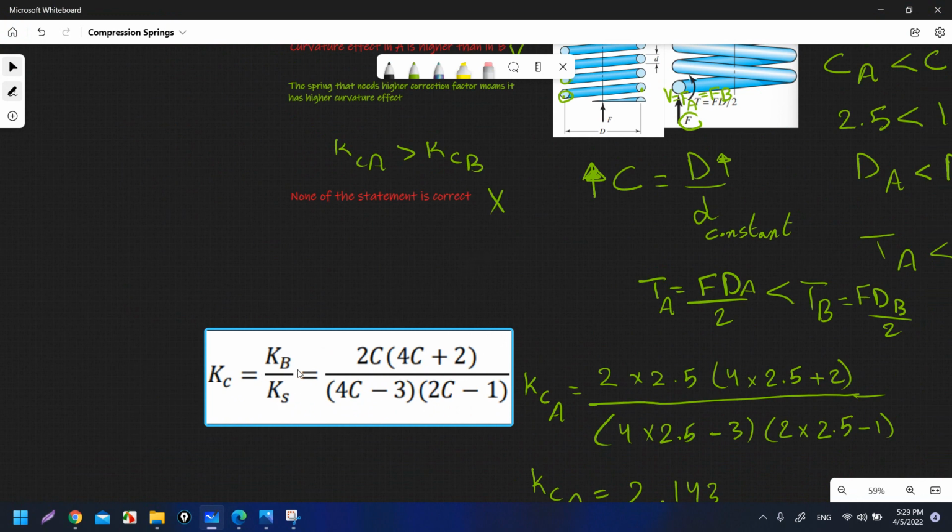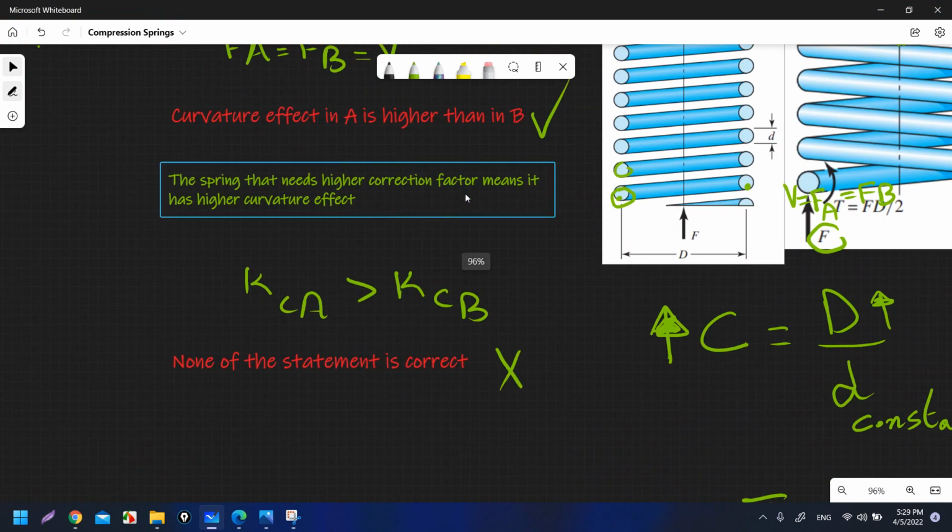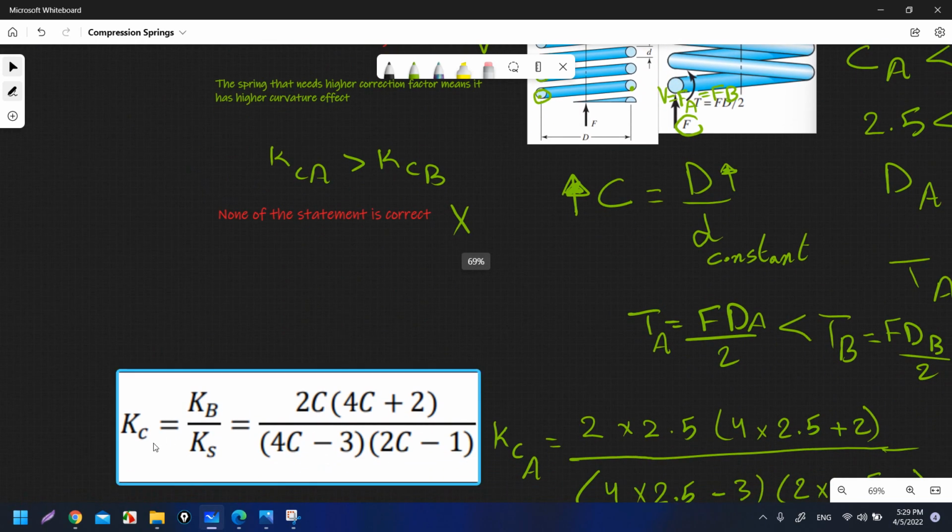If there is a high curvature effect, you need a higher curvature correction factor to correct it. So the spring that needs a higher correction factor has a higher curvature effect. If I calculate the curvature correction factor for both springs, the one with the higher value has the higher curvature effect.